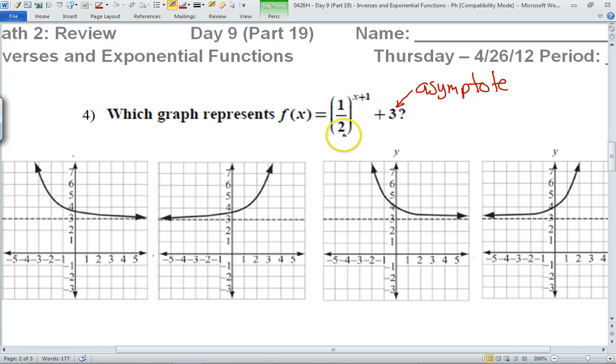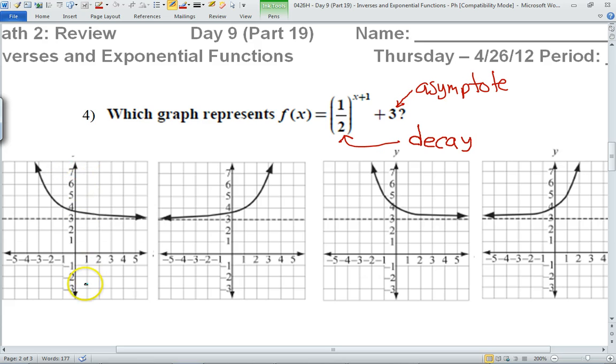So next we look at the b value here. With this b value of 1/2, is this going to be a growth function or a decay function? This is going to be a decay function since this b value is less than 1.